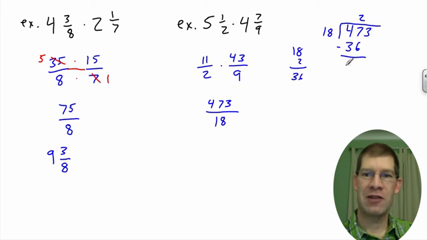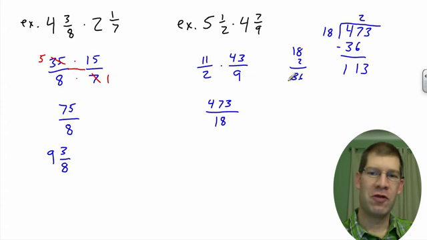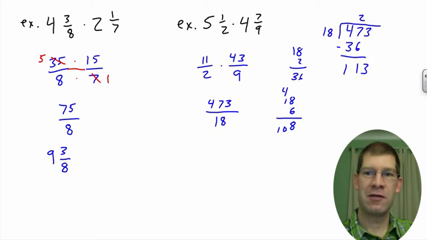Do my subtraction, I get 11, and I have to pull down my 13. Let's see, so I think I can do about 3 of these. So I want to say 18 times 6, so I'd have 48, and then I'd have 6 plus another 4 is 10. Yep, so 108. So 108 with 5 left once I subtract.